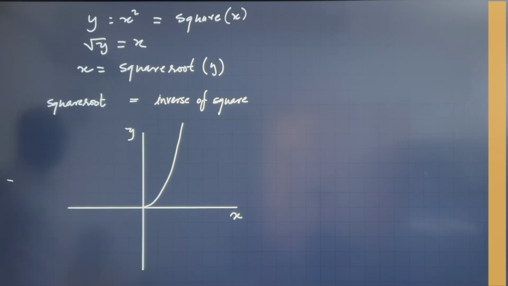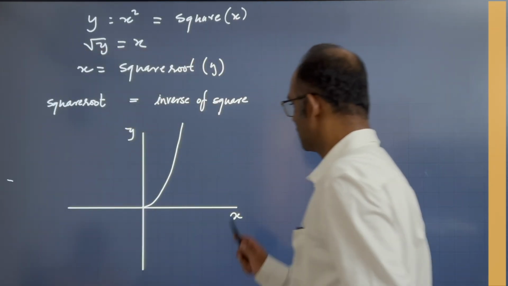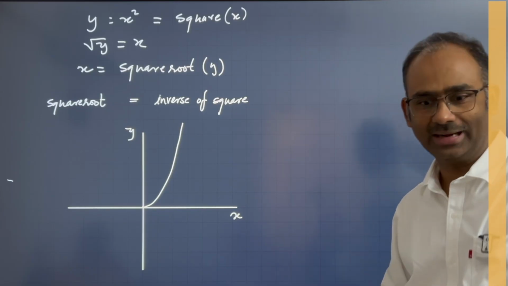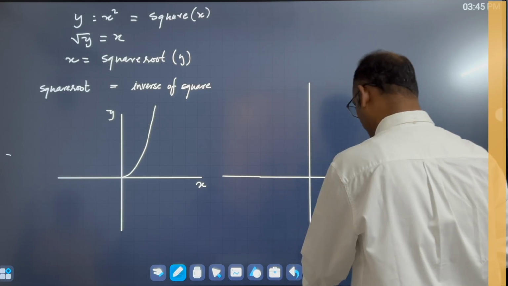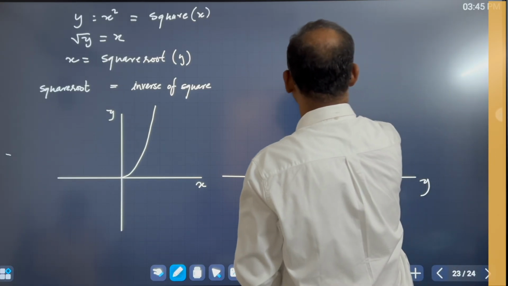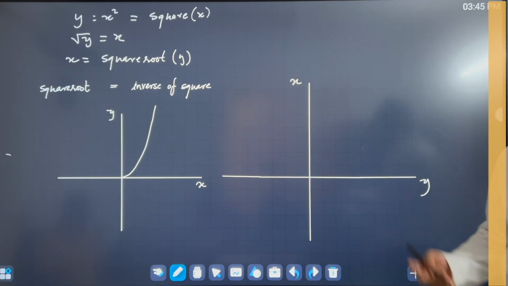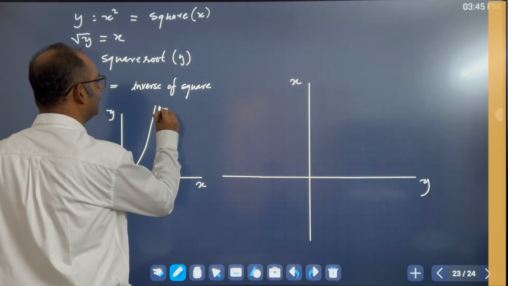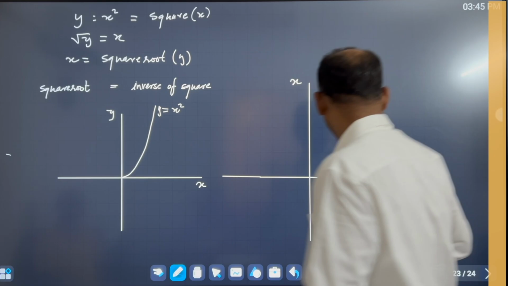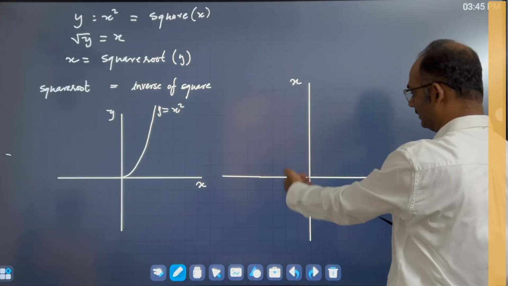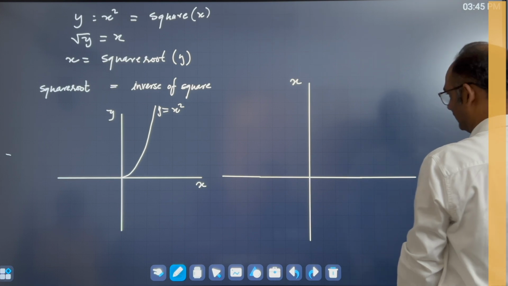Okay. Good. Now we do again the same thing. Again I draw the same curve, but I change the direction of where I draw x and where I draw y. I want y to be in this direction and x to be in this direction, right? And I still plot y equal to x square. X is positive in this direction, x is negative in this direction, y is positive in this direction.